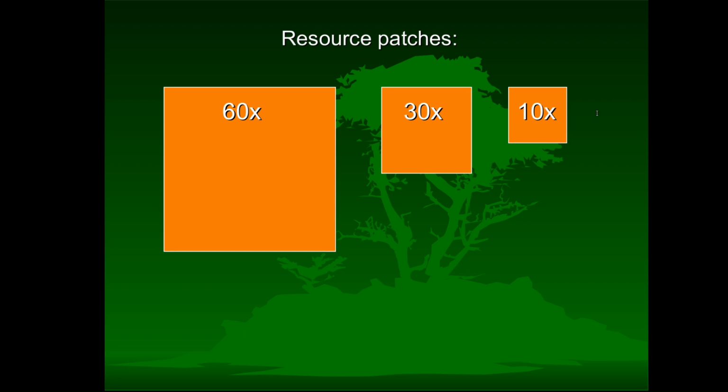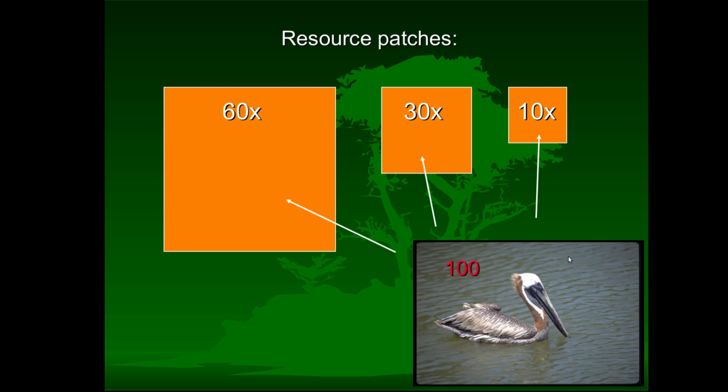By moving to the patch that has the highest level of resource per individual, taking into account other individuals that are on the patch already. So if everyone is looking out for number 1 like this, how will the population become distributed over these 3 patches? So let's say there are 100 individuals in the population. How will those 100 individuals distribute themselves?